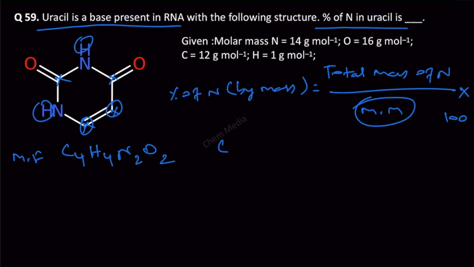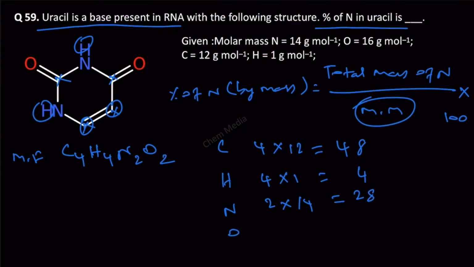So therefore 4 times 12, that is equal to 48, that's for carbon, and then for hydrogen 4 times 1, that is equal to 4, and then for nitrogen 2 times 14, that is equal to 28, and then for oxygen 2 times 16, that is equal to 32. So 48 plus 4, 52, plus 28, 80, plus 32, so 112.